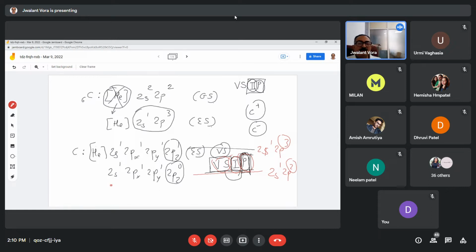The amount will be different if we want to remove one electron from 2s orbital, 2s0, 2px1, 2py1, 2pz1. Now this is 2s0, 2p3. This was 2s1, 2p2.